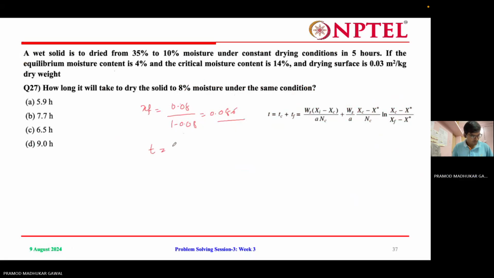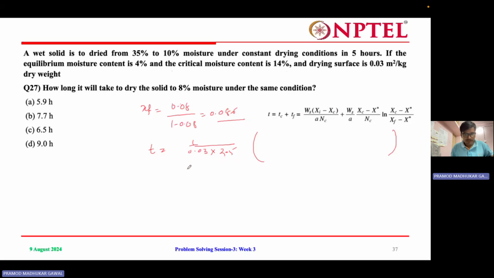T is equal to 1 by 0.03 into 2.5, just recently calculated from the last question. Put all the values here: Xi is 0.5384 minus Xc 0.1627, plus X star 0.0416 into the log of all the values given here, over 0.086.